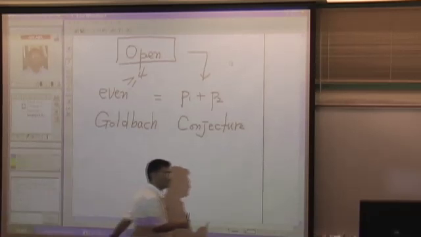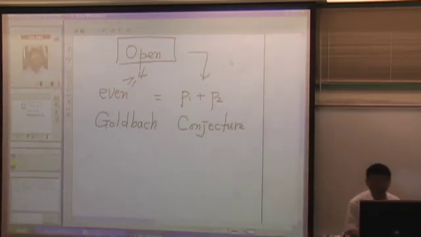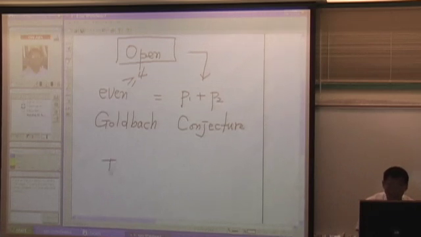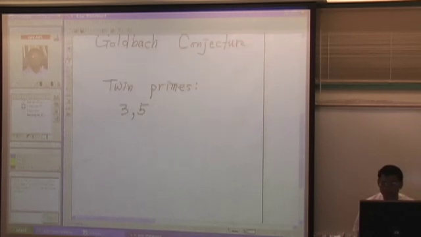Another thing is this. We call these twin primes. For instance, 3 and then 2 numbers later, 5, right? What else? 5 and then 2 numbers later, 7. And then 11 and then 2 numbers later, 13.